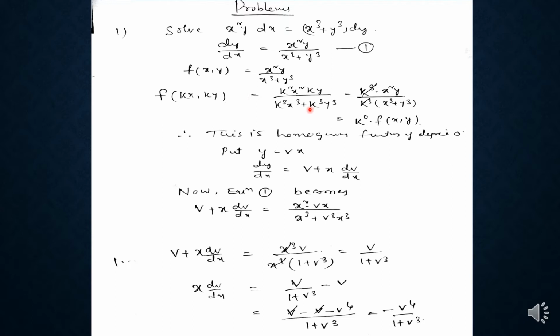So what is the procedure to solve the homogeneous differential equation? To solve the differential equation, put y is equal to vx.